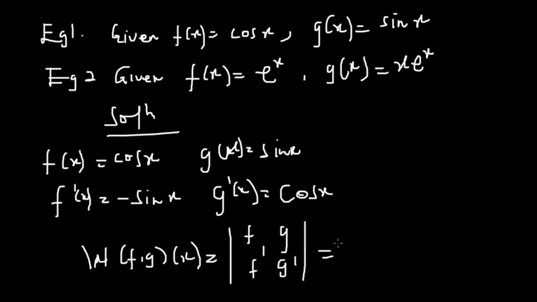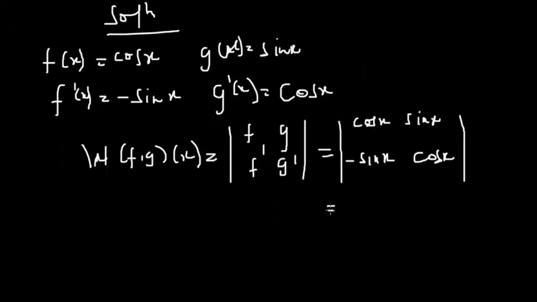So this is equal to f, which is cos x, and g, which is sin x, and then f prime of x, that's minus sin of x, and g prime of x, that's cos x. Let's solve this.